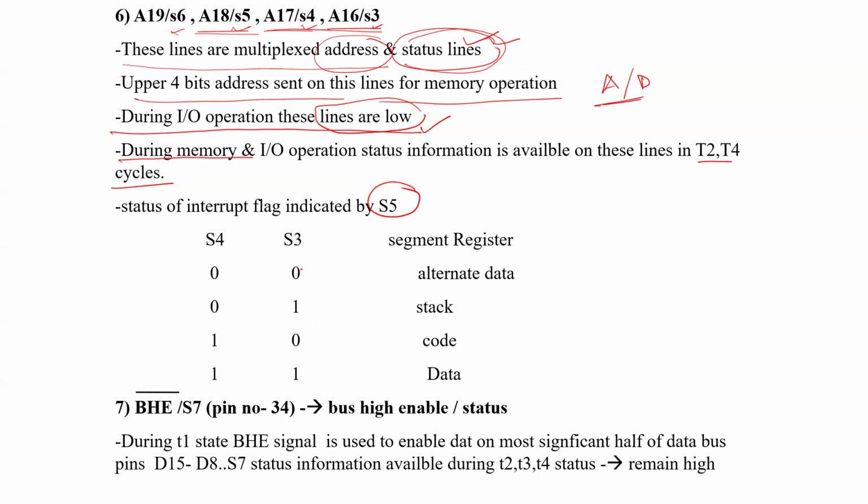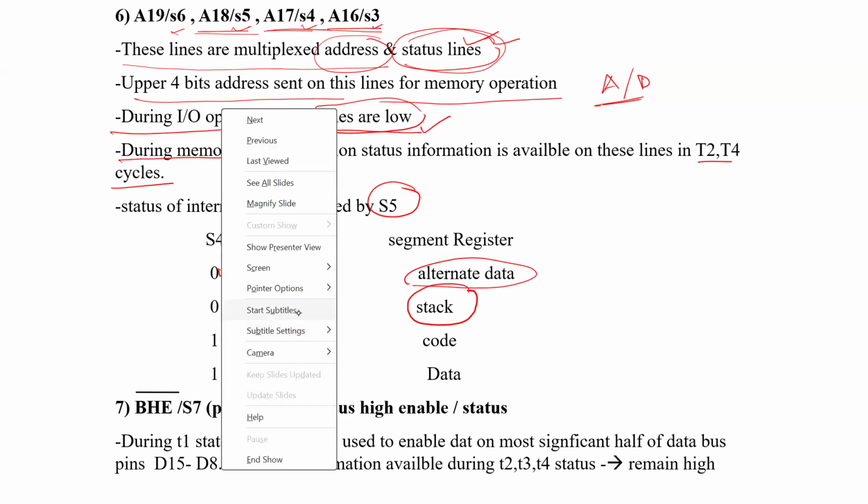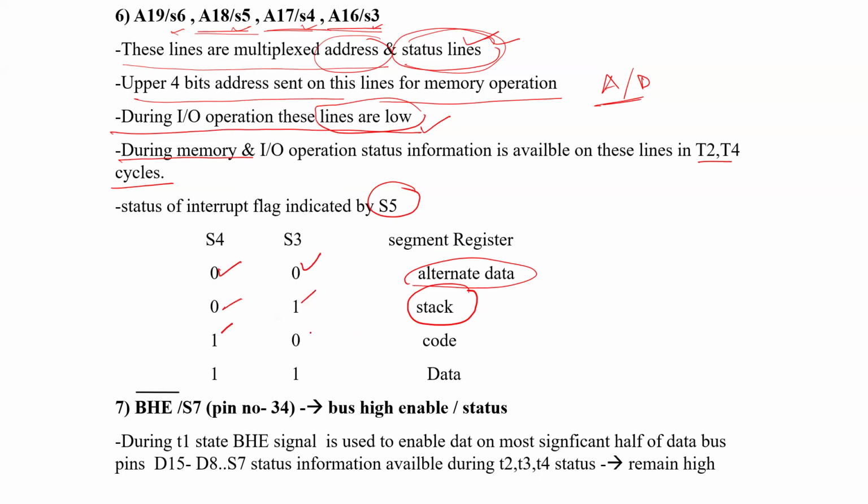If S3 is 0 and S4 is also 0, it is called alternate data, we need to use. If S3 is 1 and S4 is 0, at that time the stack data we are going to use. If S4 is 1 and S3 is 0, at that time the code segment register I am going to use.